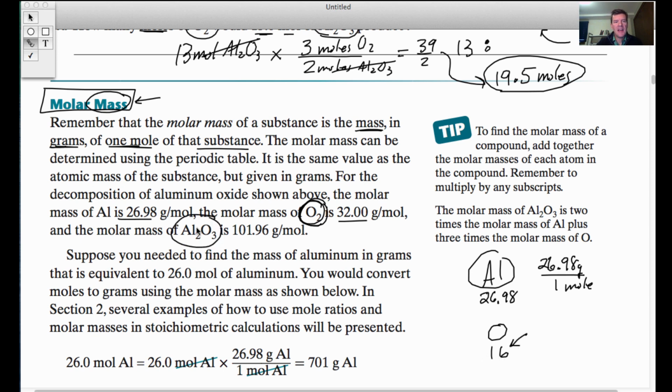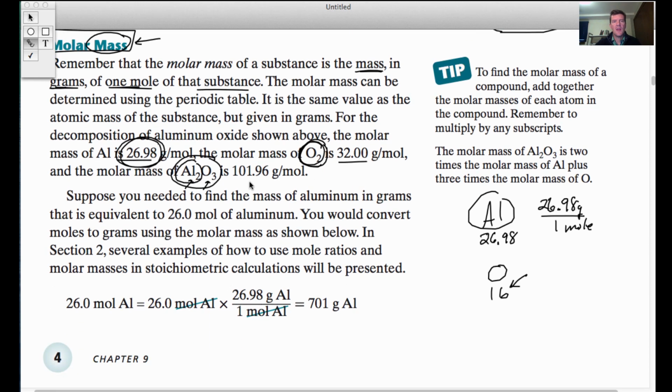And if we combine aluminum and oxygen in a compound called aluminum oxide here, we've got 2 aluminum and 3 oxygen. So we would take 2 times 26.98, 2 aluminum, plus 3 times 16. There are 3 oxygens, 3 times 16, and we would get 101.96. Let me write that down.